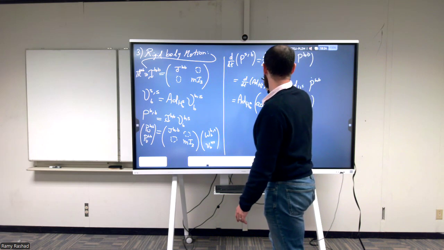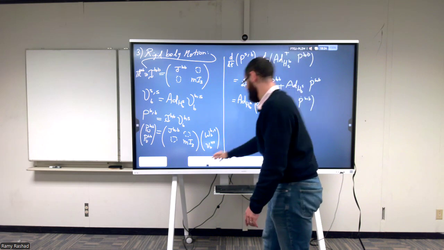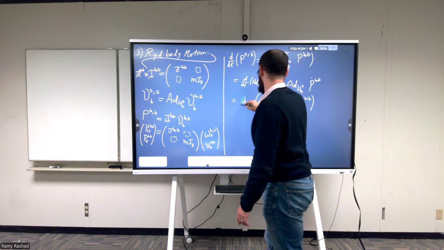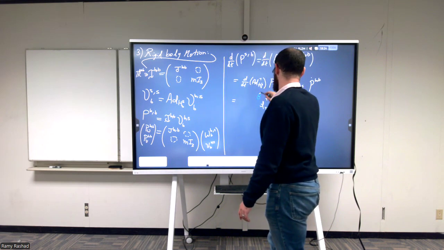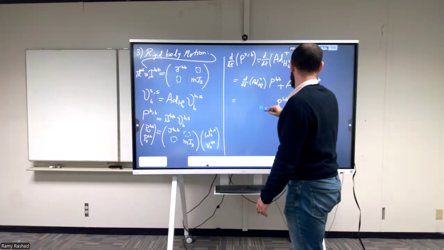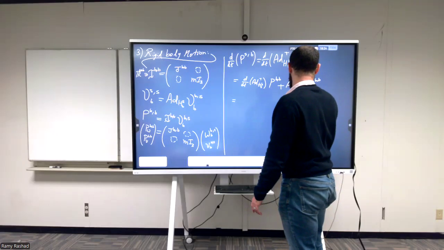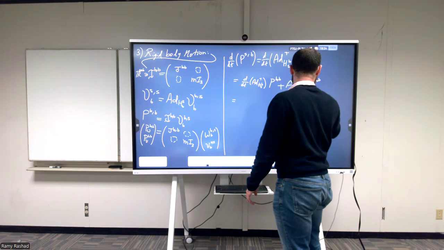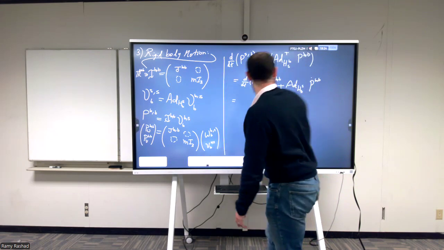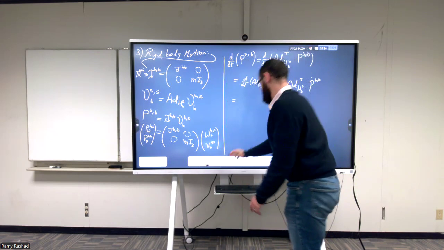S B transpose. Let's move this part a little bit. S B.